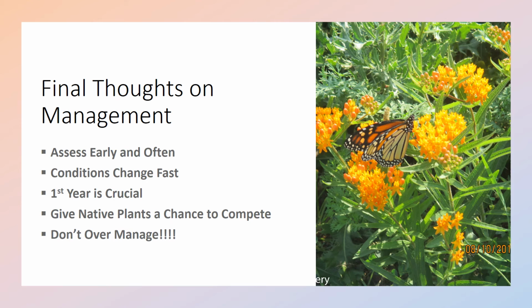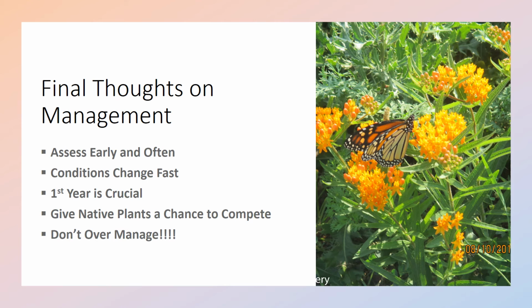And you need to assess often, because things are dynamic in these habitats, especially the first year when all these plants are fighting for space, and you need to make sure that you are on top of what is going on, so that if there are potential species that are undesirable and potentially invasive that move in, you can put together a plan to control them in a quick manner.